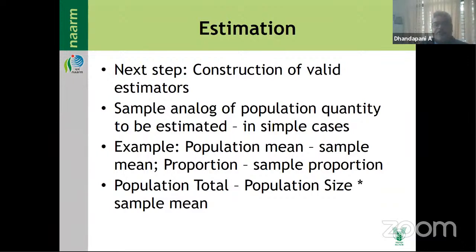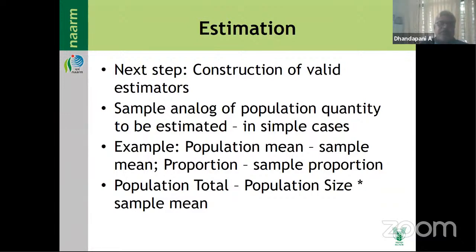Only thing you need to understand is, suppose I'm interested in the total time spent on traveling by the employees, so it is not average, I'm talking about total. In that case, we have to calculate the sample mean from the sample observations, and then multiply it by the population size.